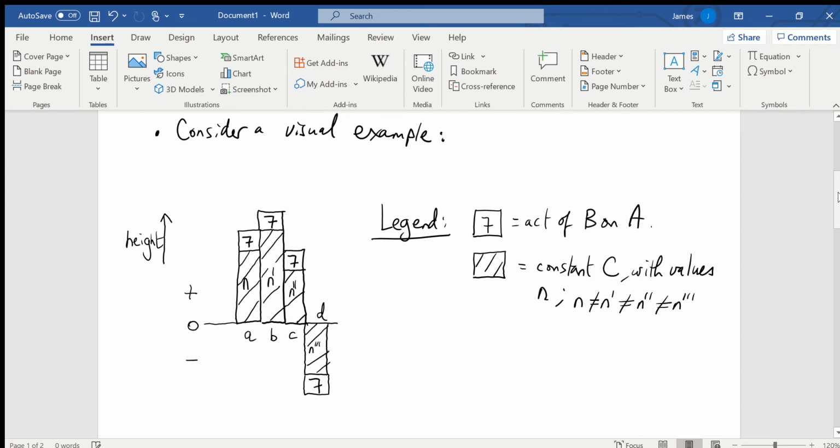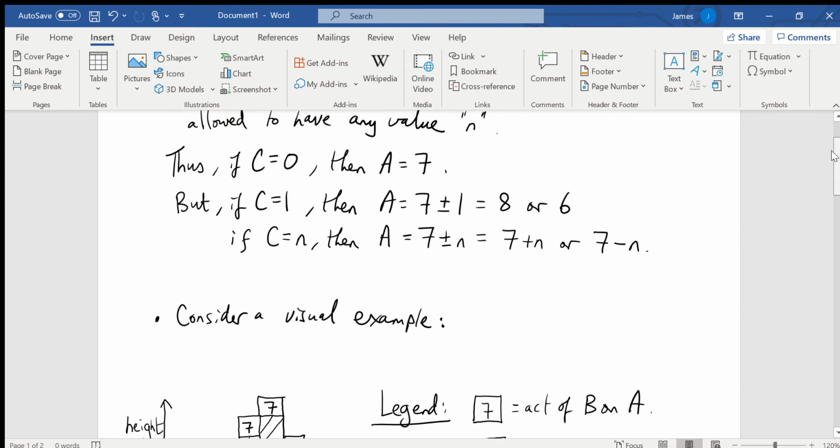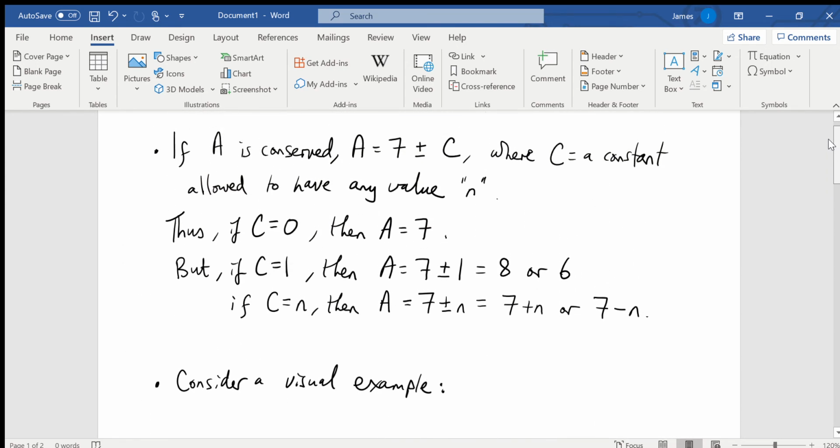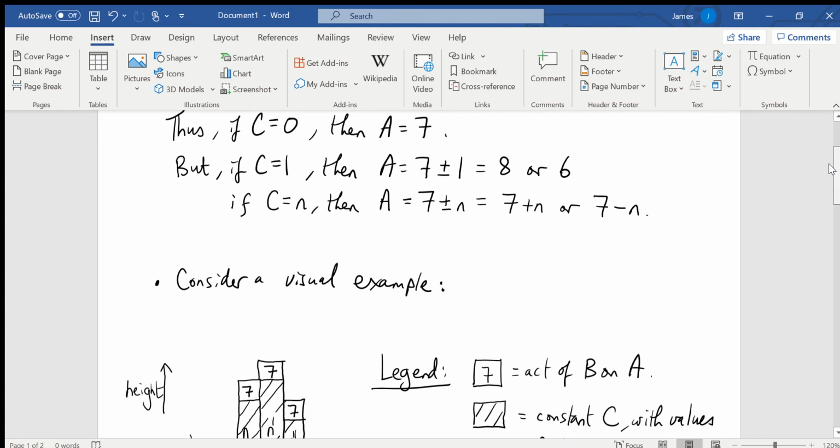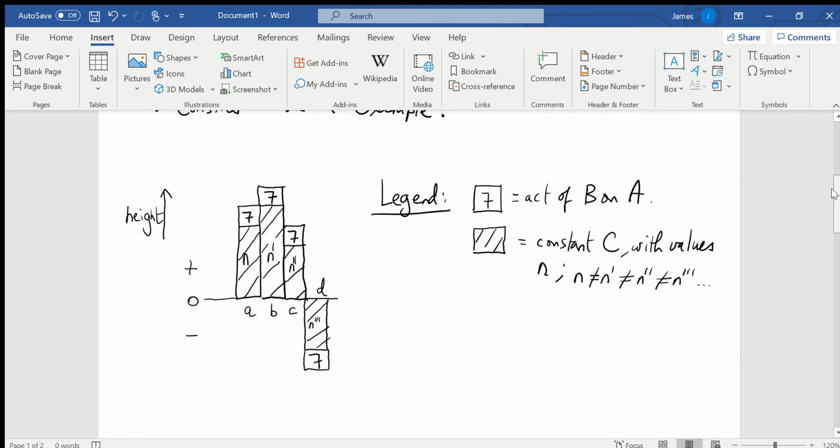It could, but there's no reason why it is. Okay, so that's a nice visual to see, to reconcile how we can have the act of B on A returning a constant, a conserved value rather, plus or minus a constant. So that's a visual example of how it could happen.